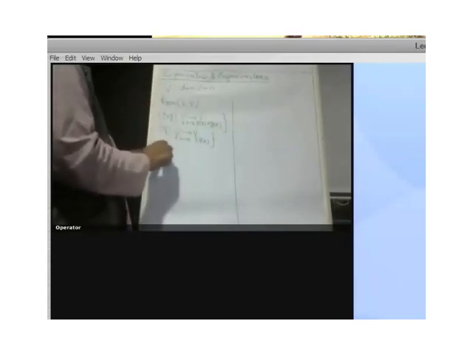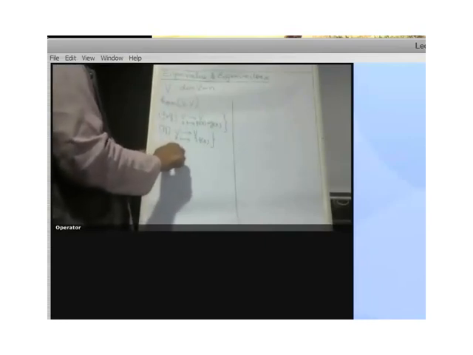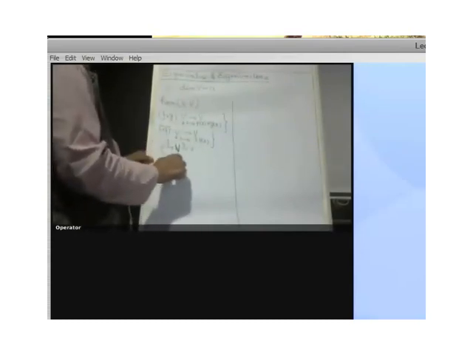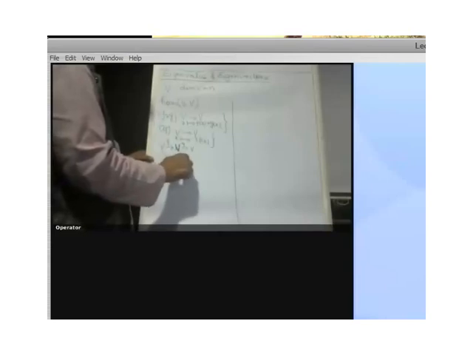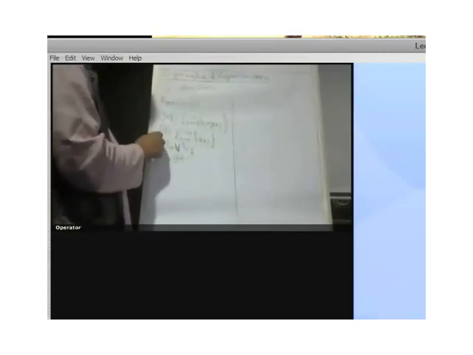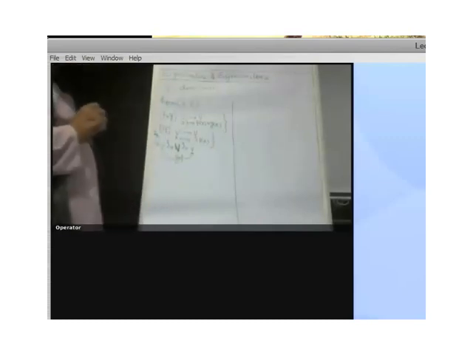But there is something more than that. If we have two linear transformations, their composite is also a linear transformation. And we have a very special linear transformation, which is the identity of V. Now let's look into the composite.